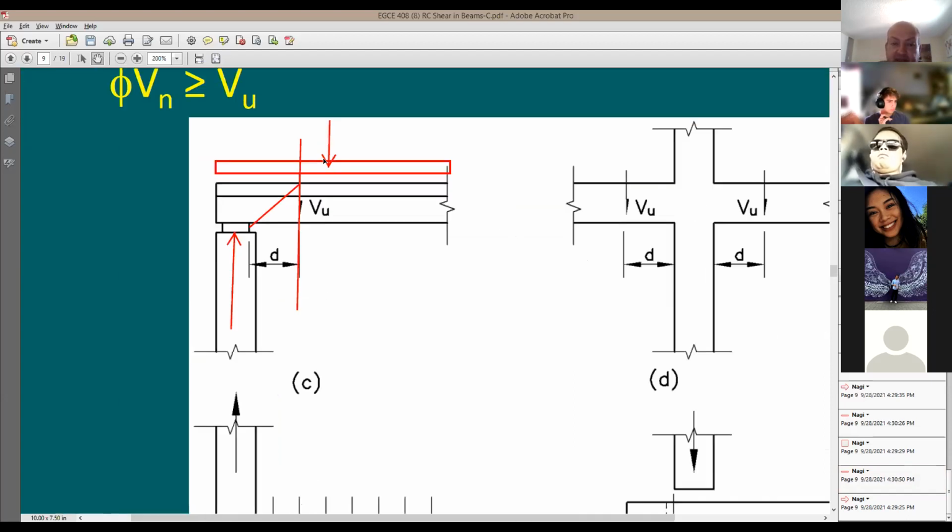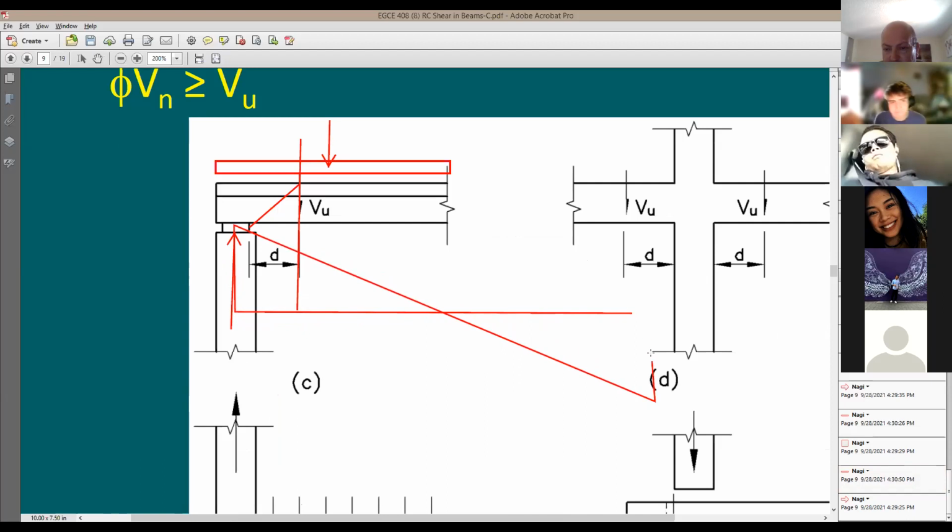Meaning you need to look at the shear diagram. Let me try to do the shear diagram here. Let's say here's the shear diagram, right? This gives you a shear diagram. And your ordinate here at the support is called the reaction.